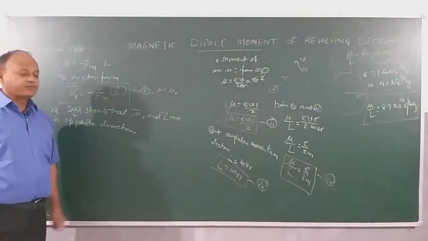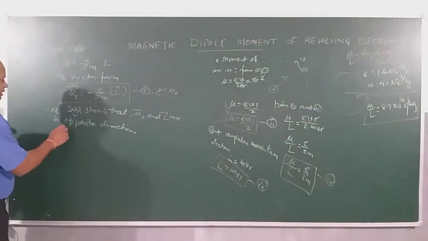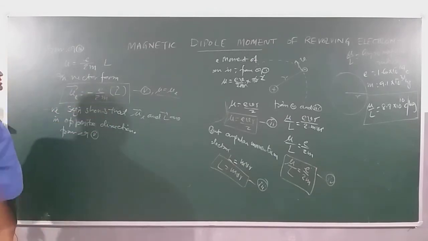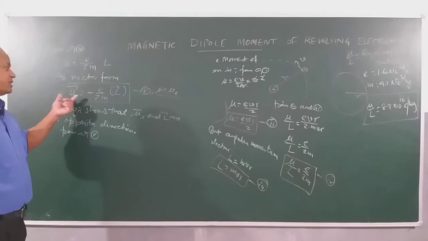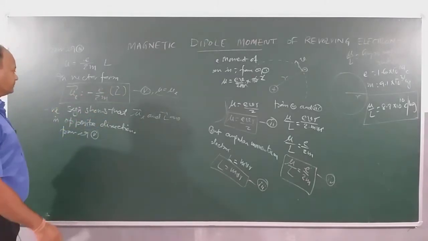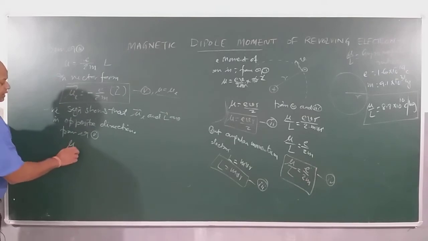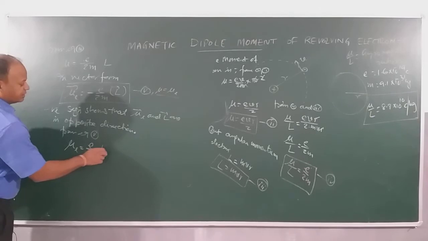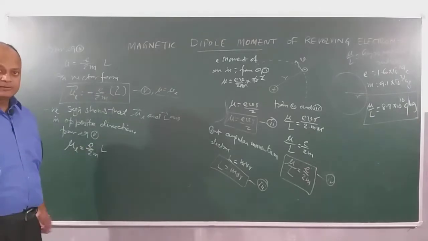If I go back to equation 5 again, from equation 5, if I want to write this equation in scalar form, the relation between mu L and angular momentum, then mu L can be written as e by 2m into L. Now children, this L is very significant for us.